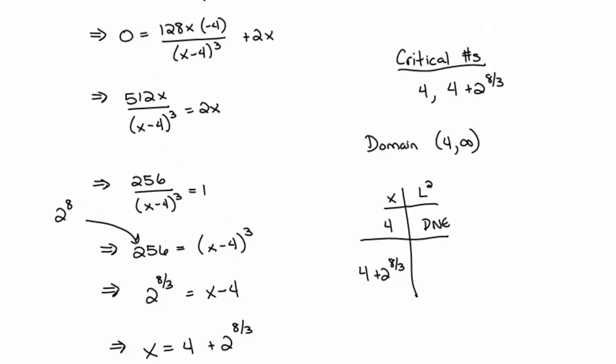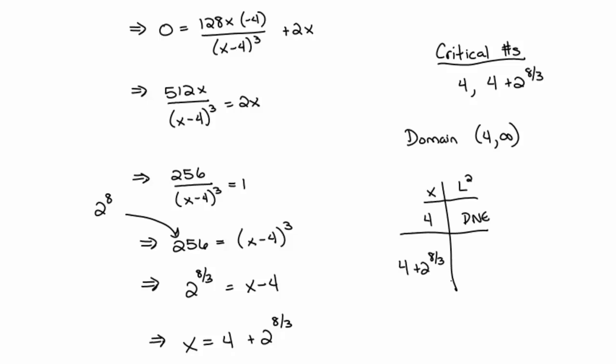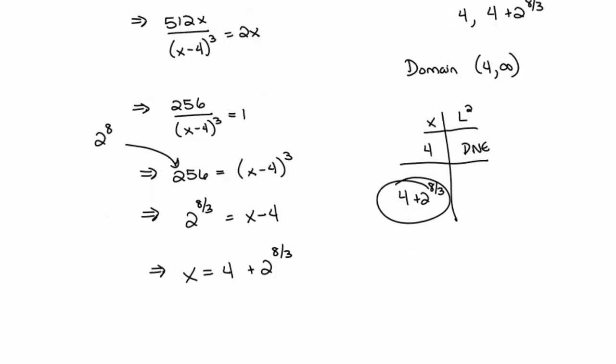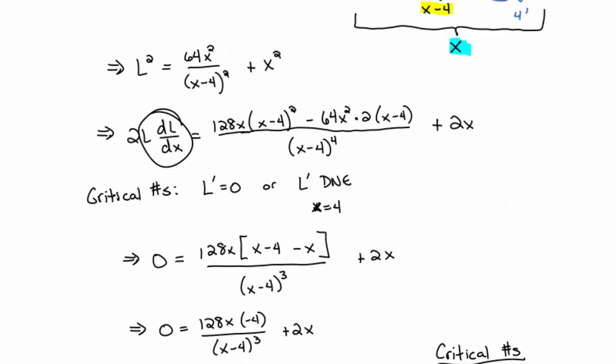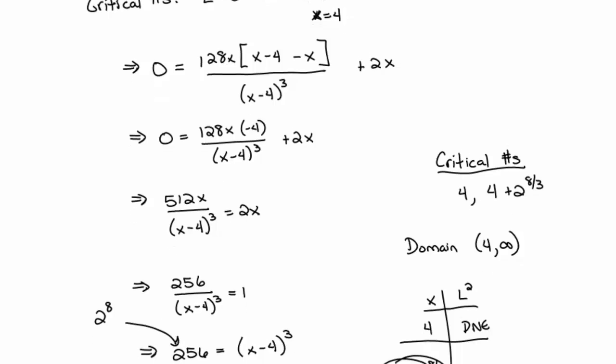Okay. So we don't worry about that. And now we go ahead and worry about this guy right here. And by the way, I'm not testing L prime. There's only one spot on this function where you have a critical number like this, and that spot is going to be a minimum. So if you plug this into your function L squared there, it's going to be a bit of a mess, honestly.